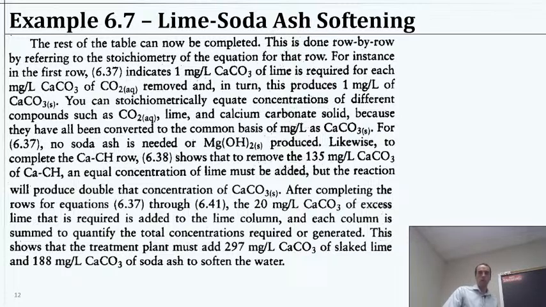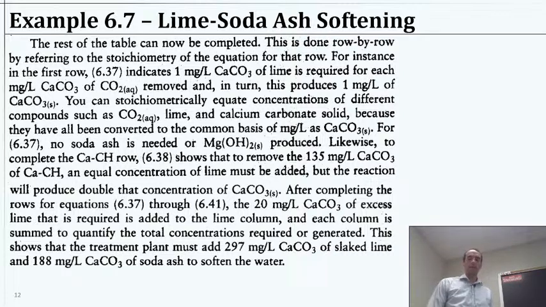Looking at calcium carbonate solid. Okay, so it just walks us through each of those components. That's just stepping through each of the equations written out or spoken out here as what was happening.